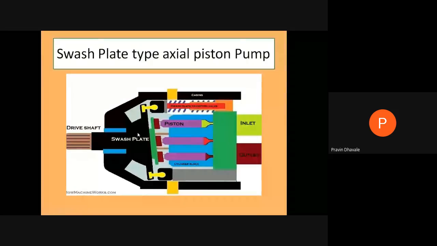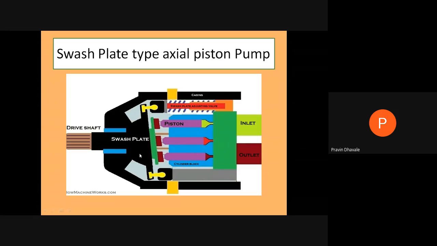One point you must keep in mind: in order to vary the discharge from the swash plate pump, you have to provide a certain inclination to the swash plate. If you maintain the swash plate vertical, there will be no flow from the pump.